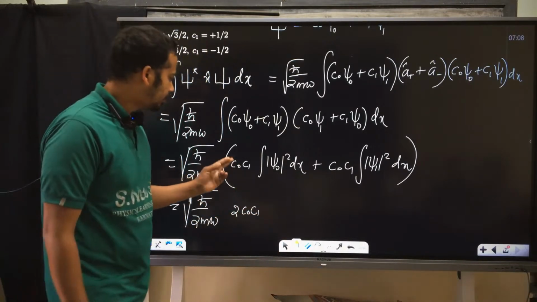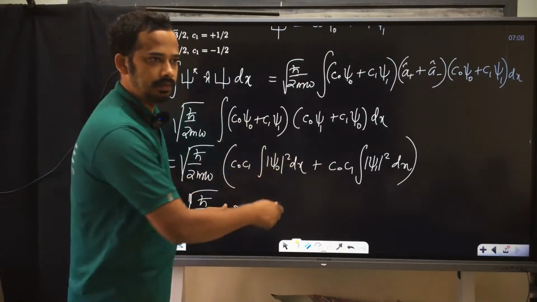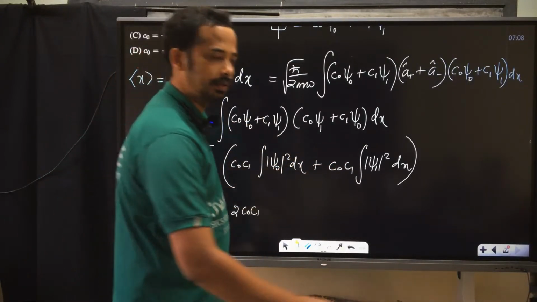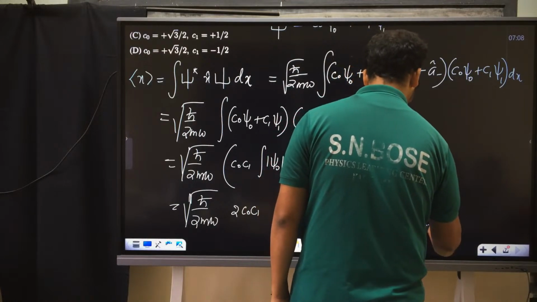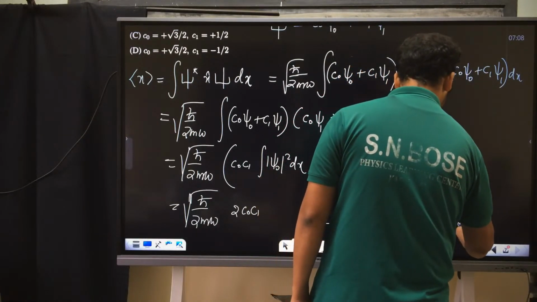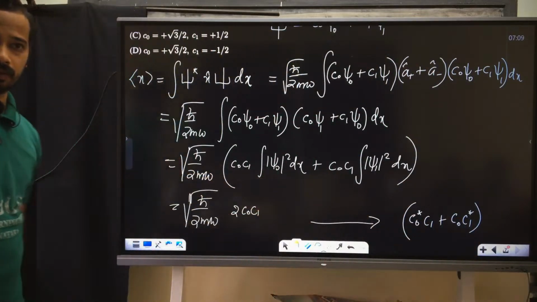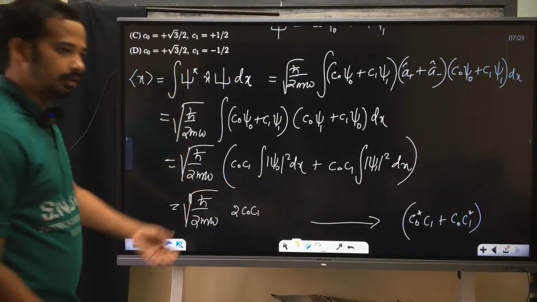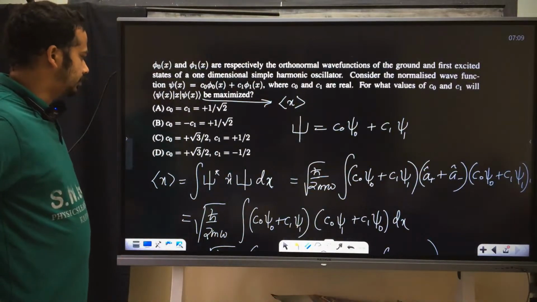Otherwise, that addition will remain, C naught star C1 plus C naught C1 star, if they are complex. Now, for which values of C naught and C1 is this highest?